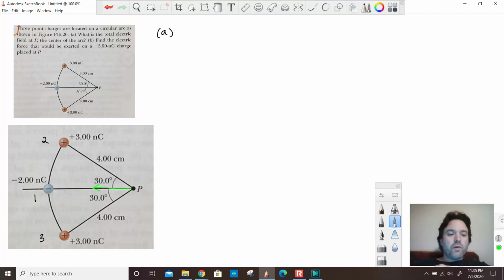So we would also expect one in this direction and one in this direction. Absolutely symmetrical. We know that there will be an x component to this field.